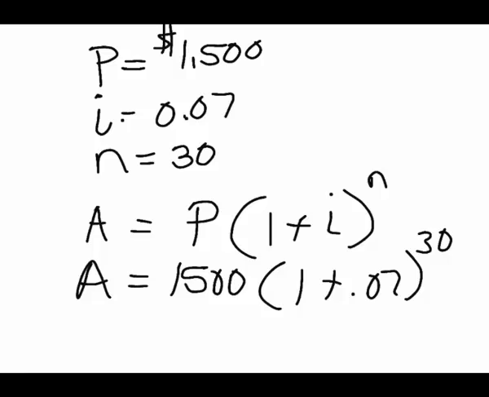I get 11,418.38. Remember, we're dealing with money, and most of the time you're going to round to the nearest cent, but just be careful and make sure you read the blue fine print so you know exactly what you need to round to.